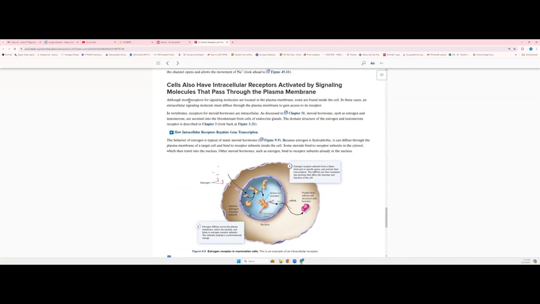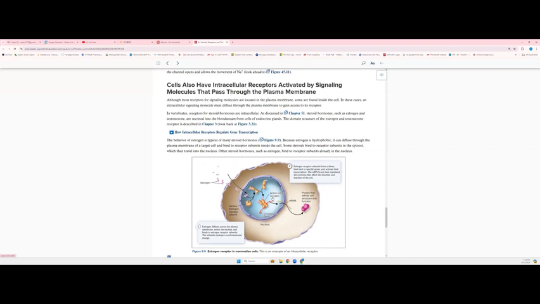The three types of receptor I've talked about before are located in the transmembrane, but some can also be found inside of the cell. That's called the intracellular receptor. In this circumstance, the extracellular signaling molecule must diffuse through the plasma membrane to gain access to its receptor, which means the receptor is inside.